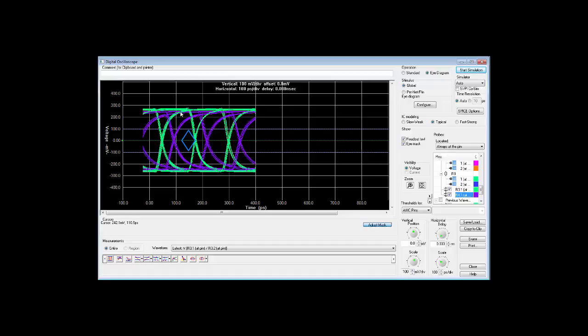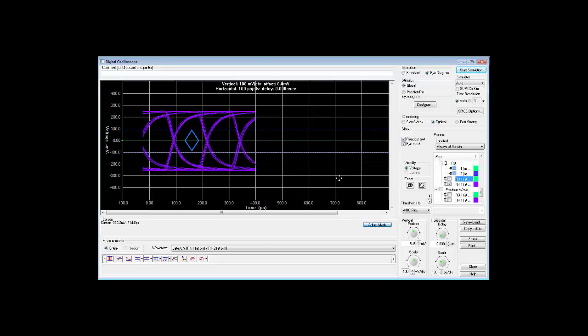Now, all I'm trying to point out is the common wisdom. So let's look at what the signal looked like at the driver, and what the signal looked like at the receiver.